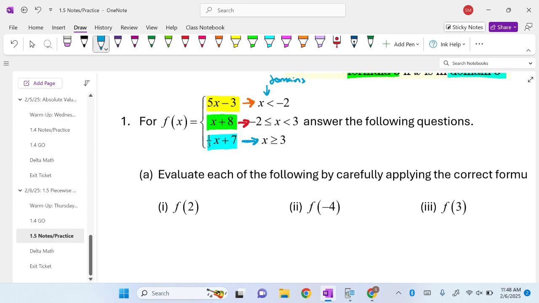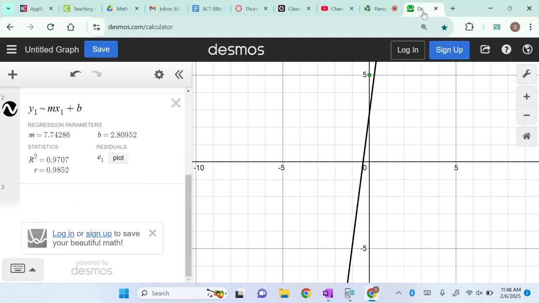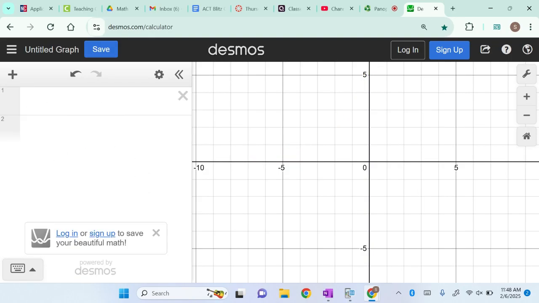Let's see if I can remember how to do this in Desmos. I just want to show you what this looks like, and you don't have to do this.